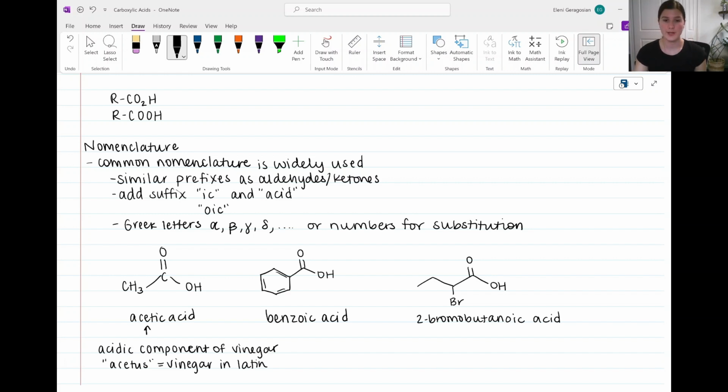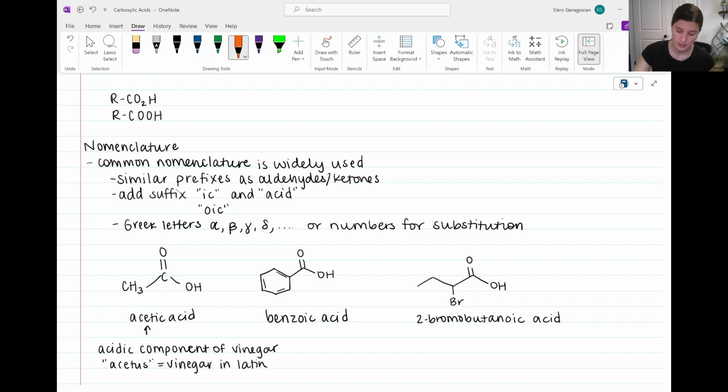But often when you're looking at names for carboxylic acids, Greek letters are used instead of numbers. For Greek letters, the alpha, beta, gamma, etc. refer to carbons. The carbonyl carbon doesn't get a letter, but the adjacent carbon does.